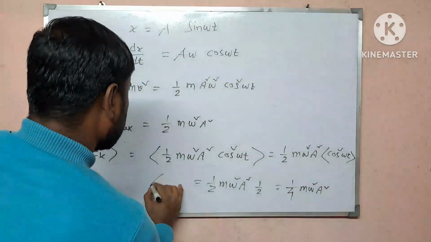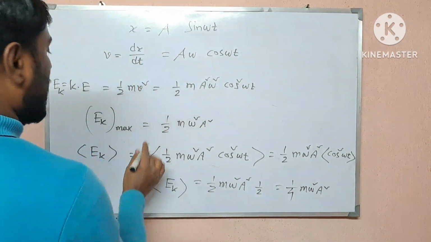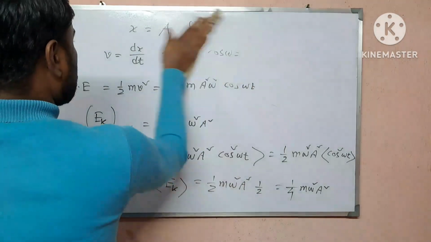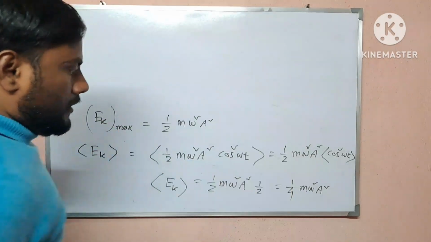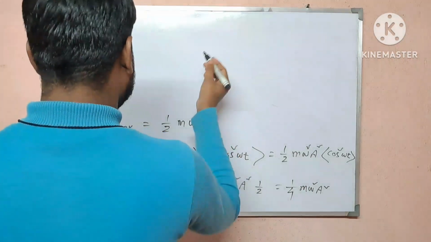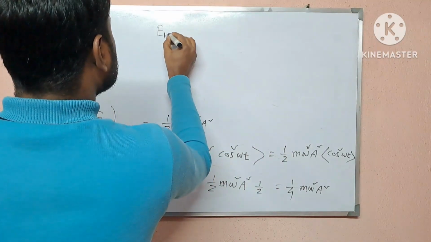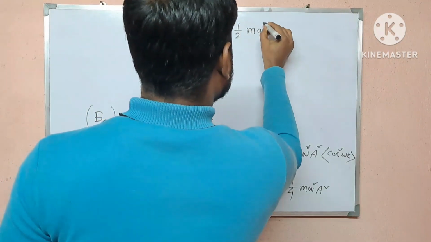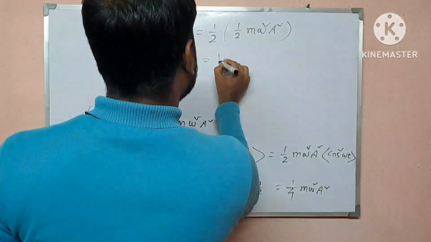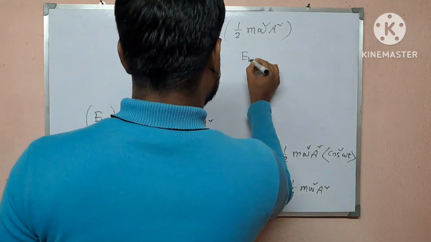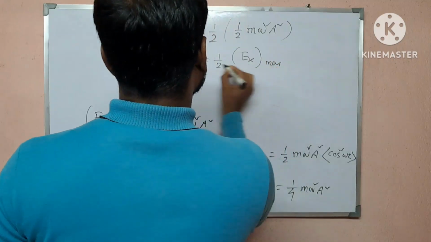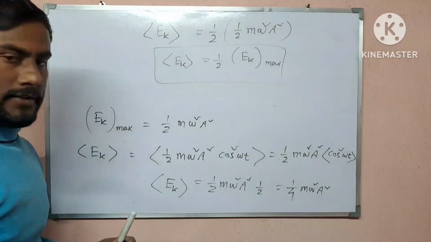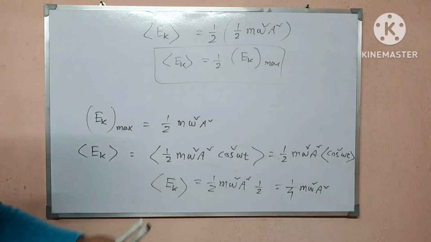This is the average value of kinetic energy, and this is the maximum value. If you see carefully, you will be able to establish the relation that average kinetic energy is half of maximum kinetic energy, and that result is very useful for simple harmonic motion.